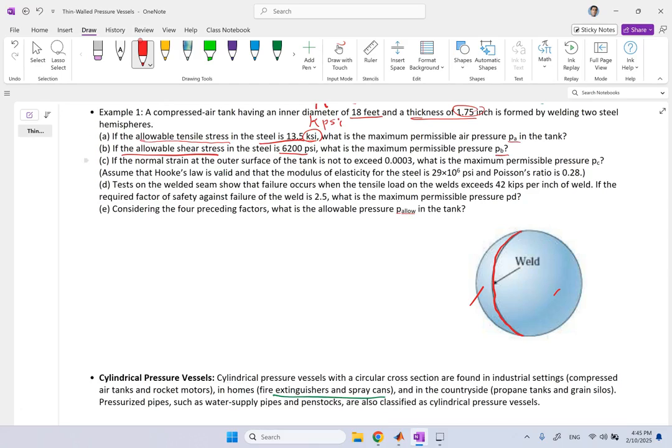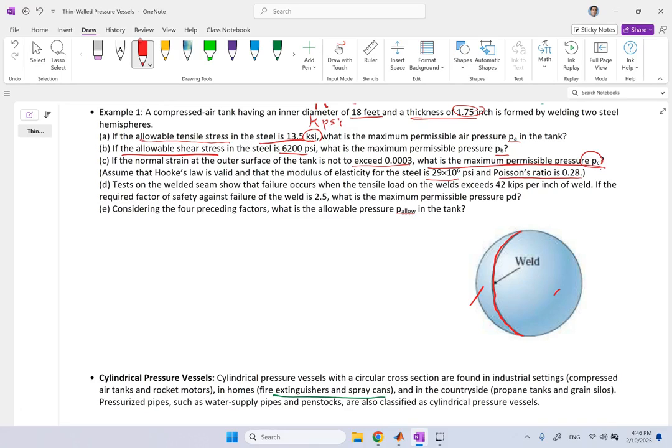Now, if the normal strain at the outer surface of the tank is not to exceed 3 over 10,000, what is the maximum permissible pressure P_C? And here we assume that the material follows Hooke's law, and the Young's modulus is 29 times 10 to the 6 psi, and the Poisson's ratio is 0.28.